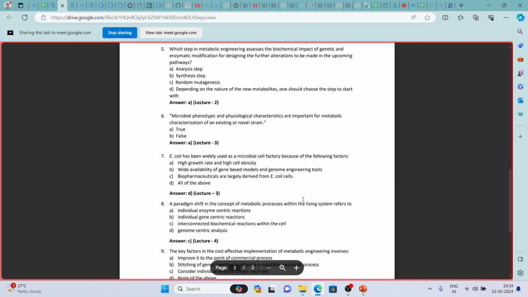The next question is microbial phenotypic and physiological characteristics are important for metabolic characterization of an existing or novel strain.